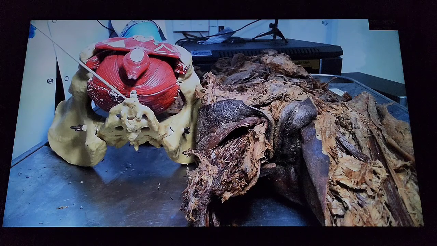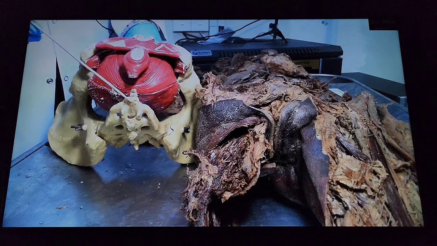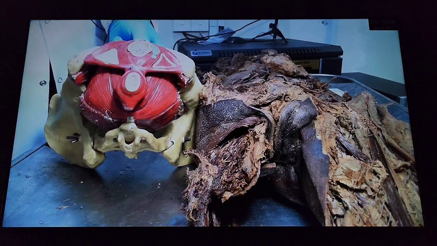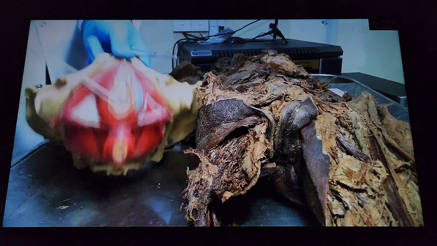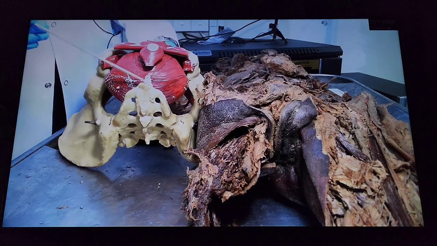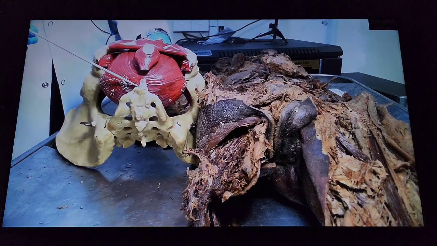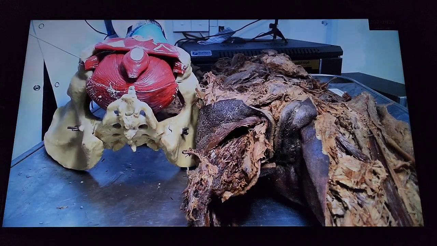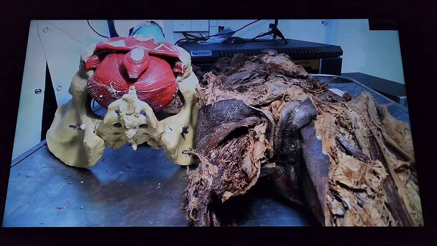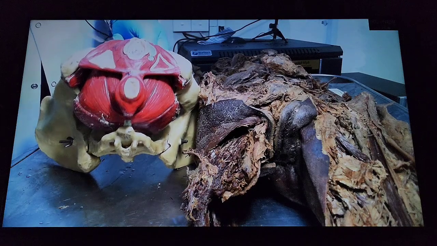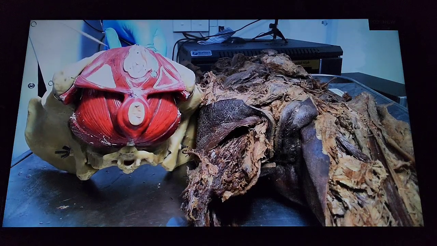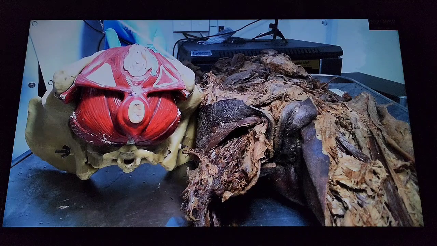The perineum is diamond in shape, has the boundary at the pubic symphysis anteriorly and back to the tip of the coccyx, and laterally between the ischial tuberosities here and there. Anterolaterally, we have the ischiopubic rami, right and left.